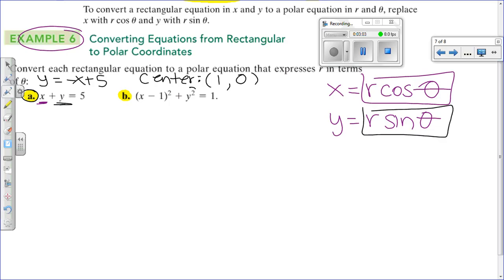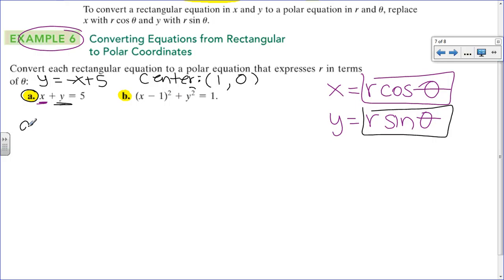Let's start part A. For x we need r cosine theta, plus for y we need r sine theta, and that is equal to 5.